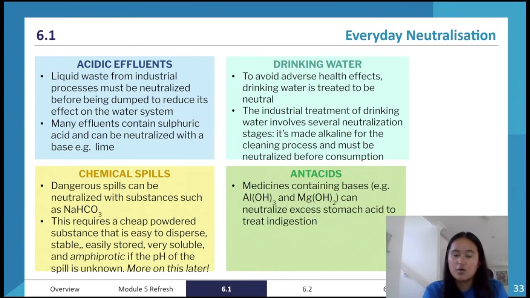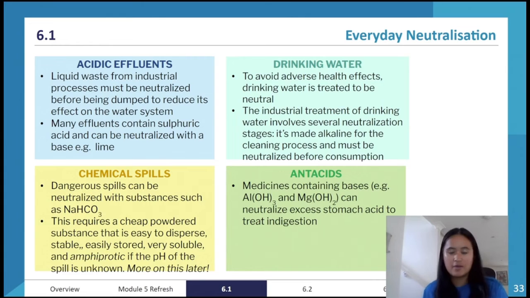Chemical spills are also a big one. If we have a massive spill of acid, we don't want that just going out, because acid is, as we said before, corrosive. You don't want acid just lying around in massive spills where it can be a risk, so you neutralize it. And the main way they do it is with sodium bicarbonate. It's just a powdered substance.